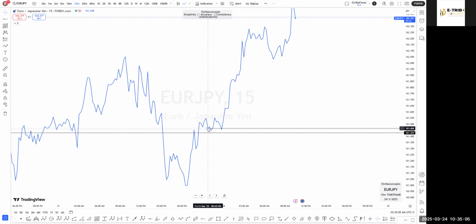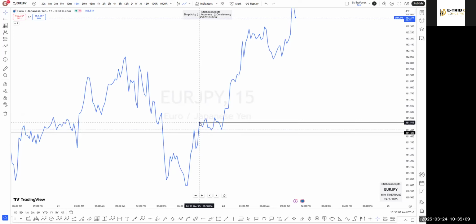We can either rely on this flip, or we can rely on this liquidity engineering. So two possible entries to buy from.